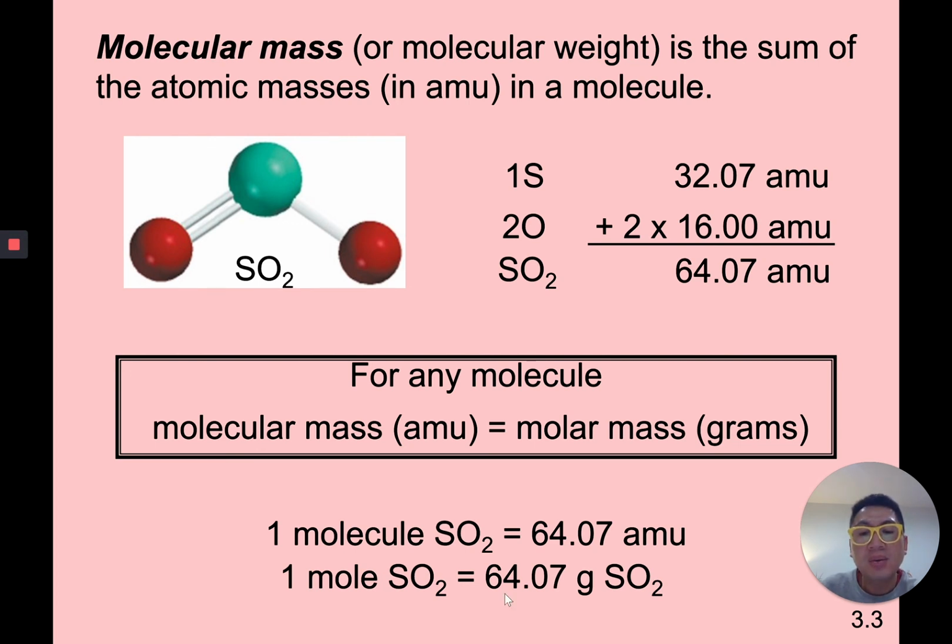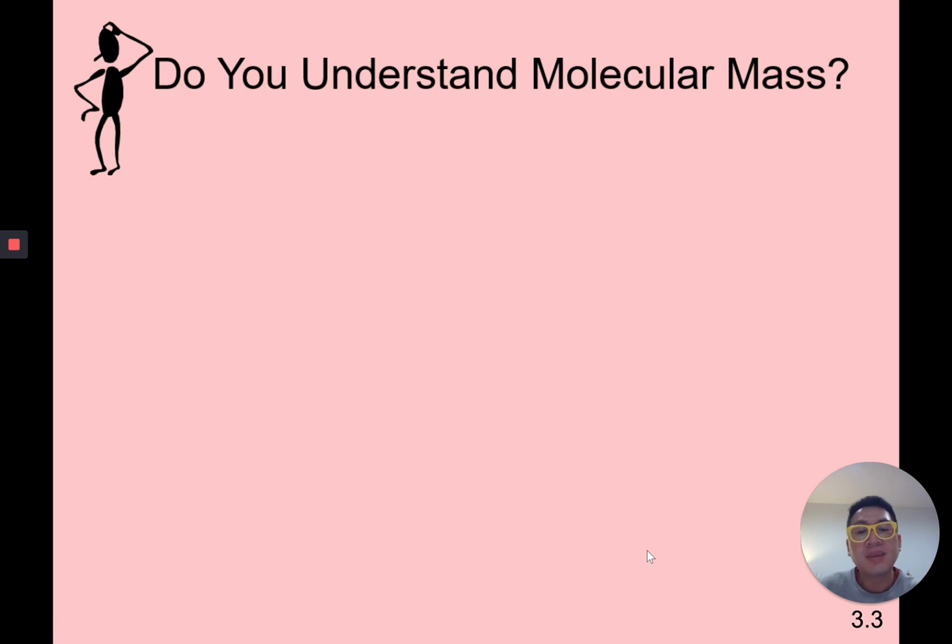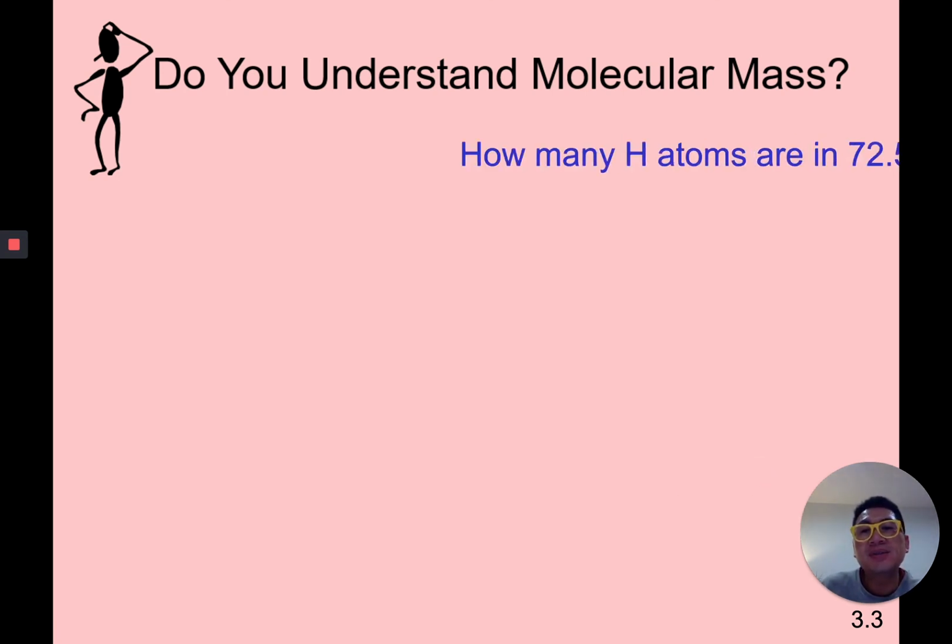So a mole of the stuff weighs whatever that number is in grams. 1 molecule of it weighs whatever that number is in AMUs. So, do we understand about molecular mass? Hopefully we do.